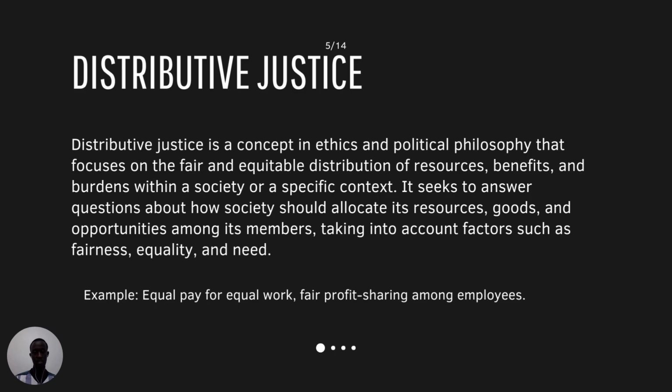For an example of distributive justice, I give equal pay for equal work. I mean, employees on the same level should have equal pay since they have the same performance or share the same outcomes.